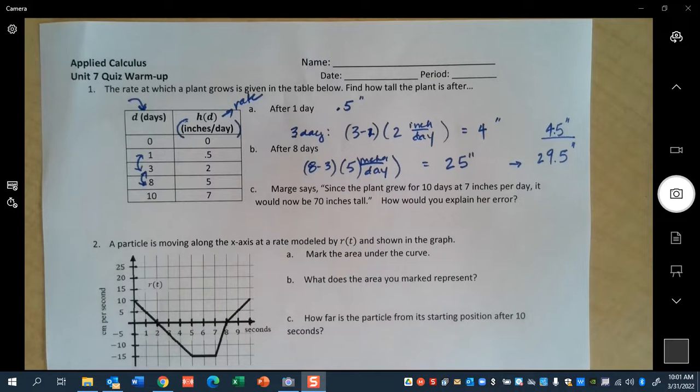This 5 inches per day was not happening on day 3 or day 2 or day 1, but I'm going to go ahead and assume it was happening on day 7 and 6 and 5 and 4. Would you call that a right hand or a left hand sum? Am I using the upper bound or the lower bound?